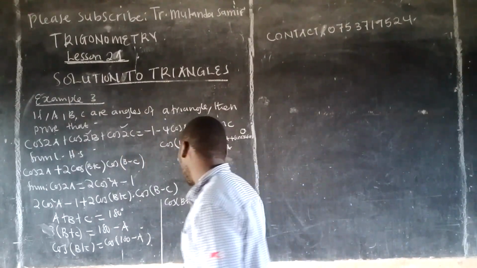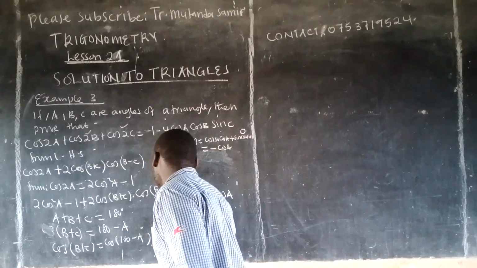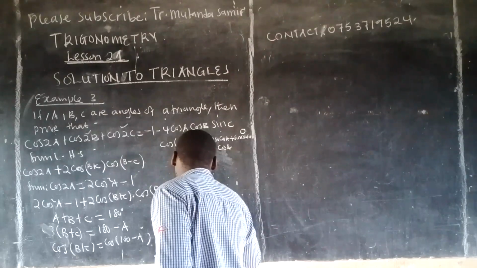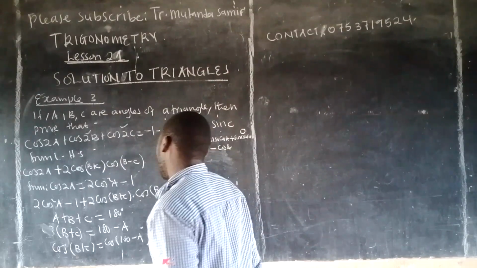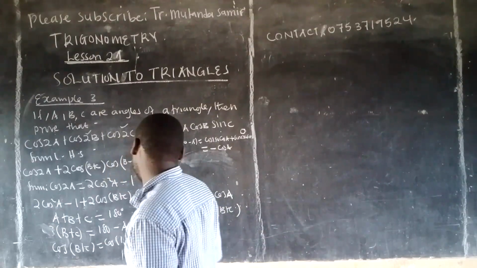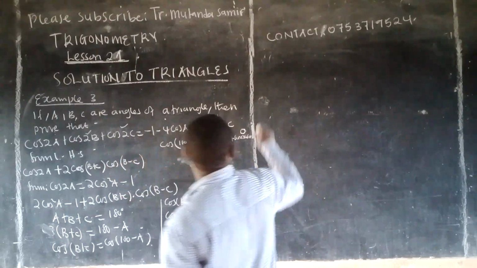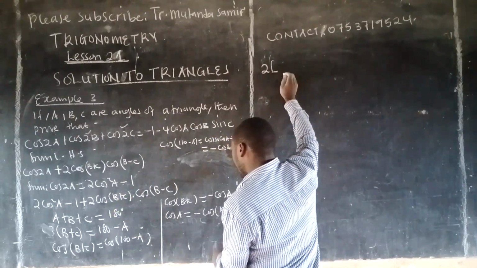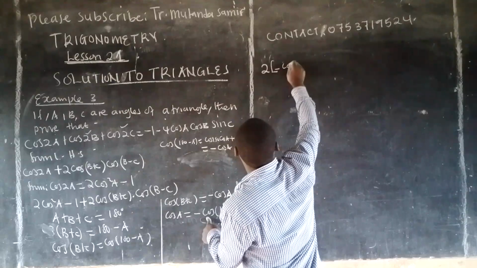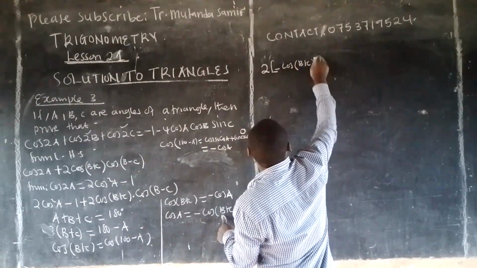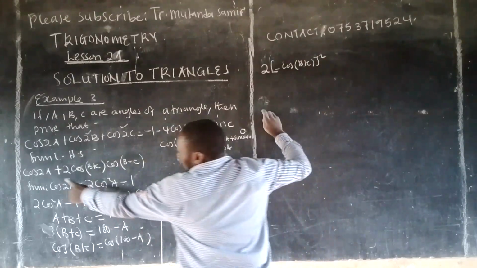Now it means that cos of a is equal to negative cos of b plus c. Having done that, in the name of cos a we are going to put this. But here the expression says it is cos squared, so it is in a bracket: negative cos b plus c, close brackets, but squared. I'm substituting for this area here.